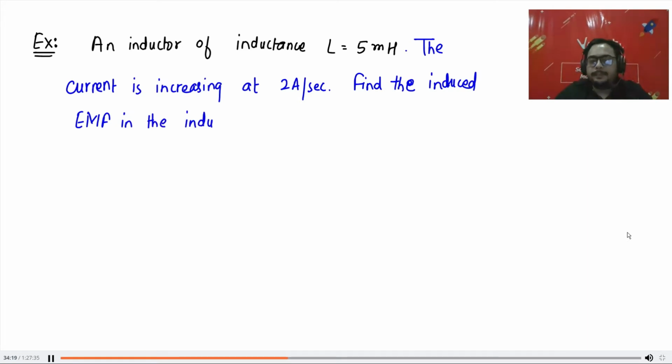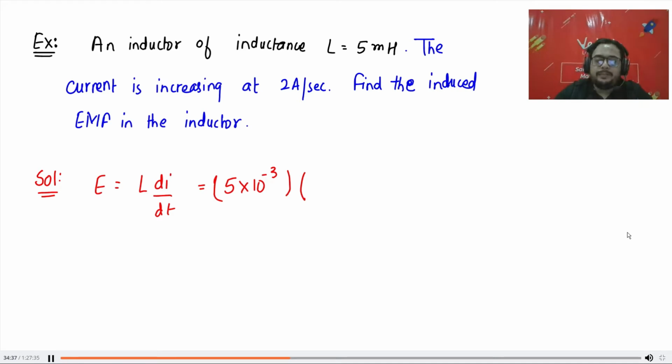Okay, so a very, very simple question. I'll quickly do it. The induced EMF formula, magnitude only I want, L di by dt. So inductance is 5 millihenry, so 5 into 10 to the power minus 3 into di by dt is 2 ampere per second. So it becomes 10 raised to power minus 2 volt, and that is your answer.